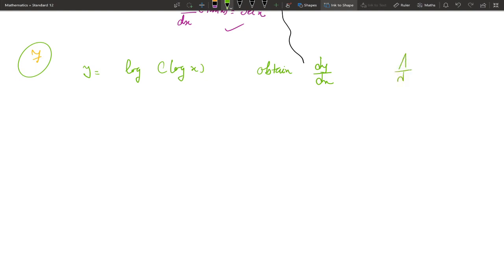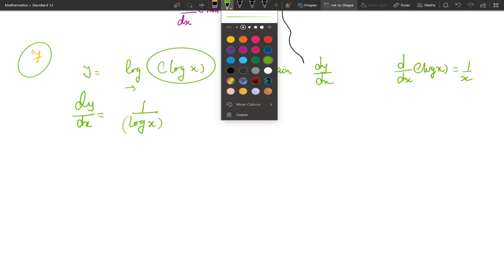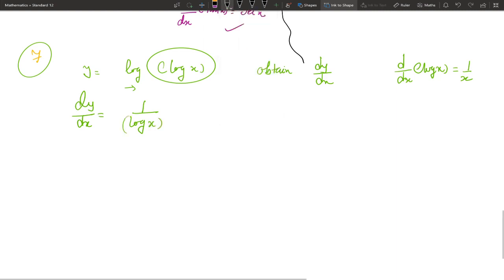So here you note that d by dx of log x is 1 upon x. You start from outside, dy by dx, derivative of log x, 1 upon x. So this is 1 upon log x. But inside it is not x, it is a function of x.